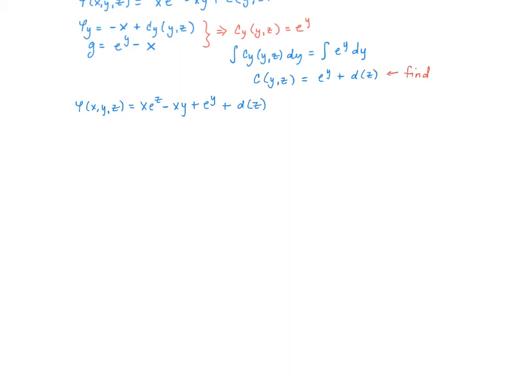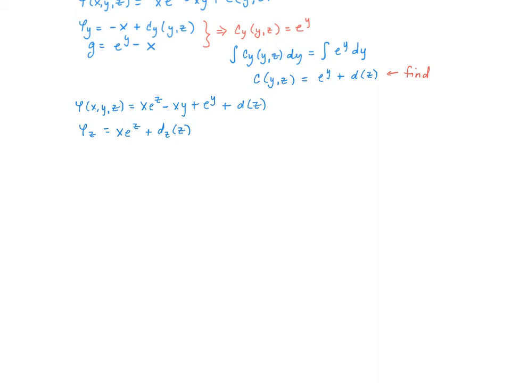I'm going to take this potential function and now take the partial with respect to z, which would give me x e to the z minus 0 plus 0 plus partial d with respect to z.